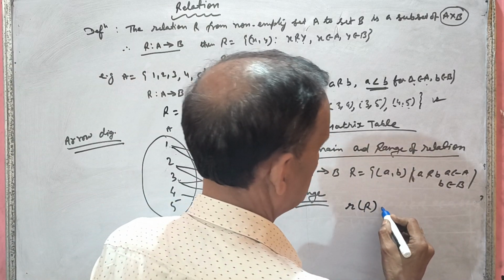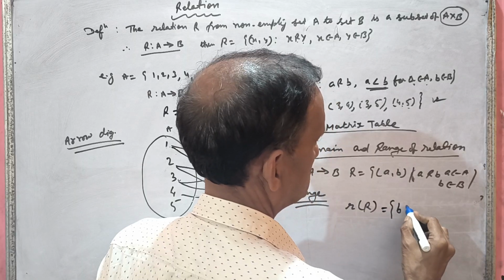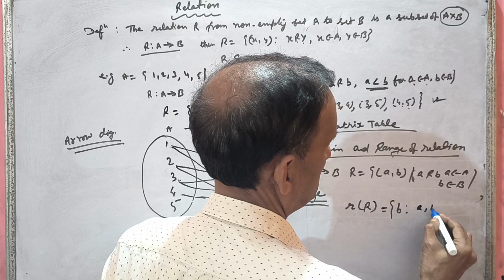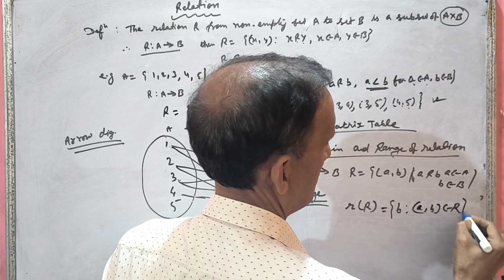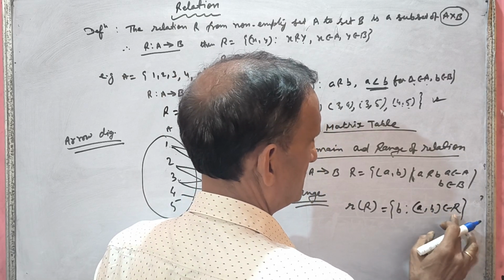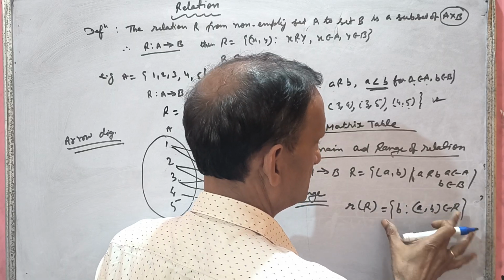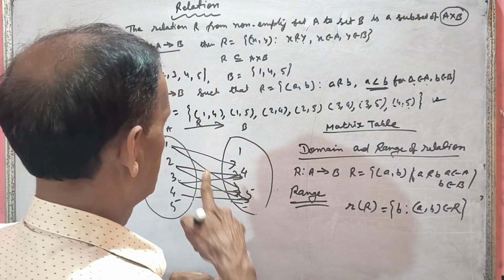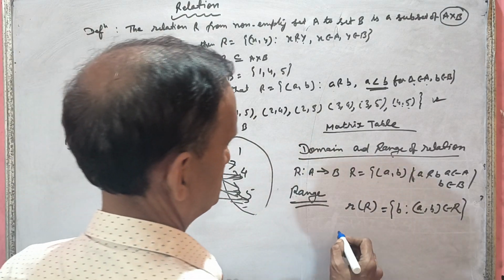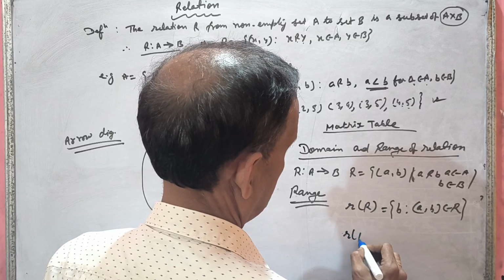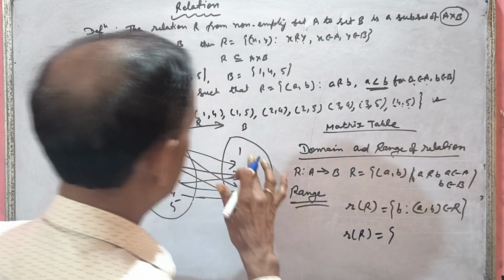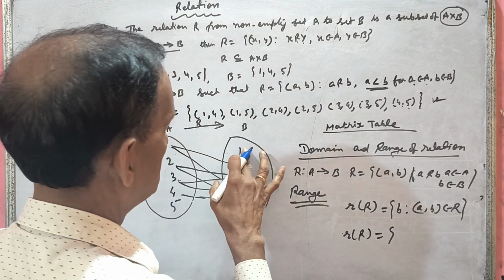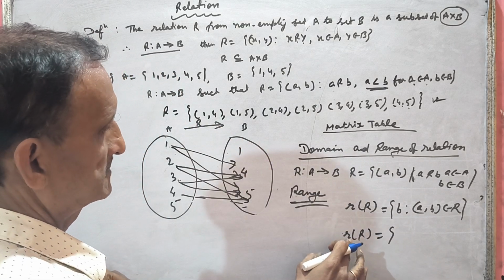So what is R(R) equal to? b, such that, simply you can write (a, b) belongs to R. If ordered pair (a, b) is in R, then the set of the second components of all the ordered pairs is called the range of R. Here in this particular example, the range of R is equal to, can you see, 1 is not related to any of the elements of the first set, so it will not be an element of the range.